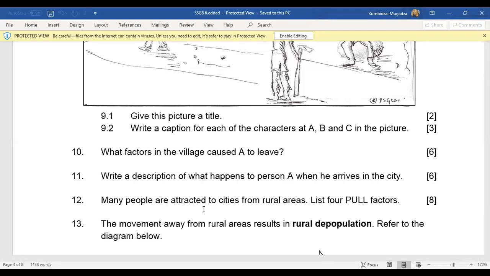So if you look at question 12, many people are attracted to cities from rural areas. List 4 pull factors. Can you see the marks? 8 marks, which means 2 marks for each. This is the exam now, where you're going to list the pull factors. They're saying 4.